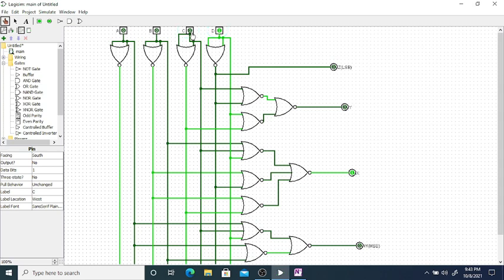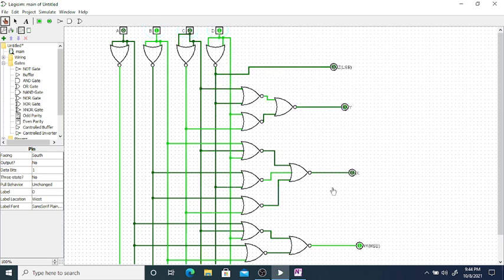Then next if we see for 2, we can see that it gives us 5. Sorry, for 3 it will give us 6. Then for 4 it will give us 7.